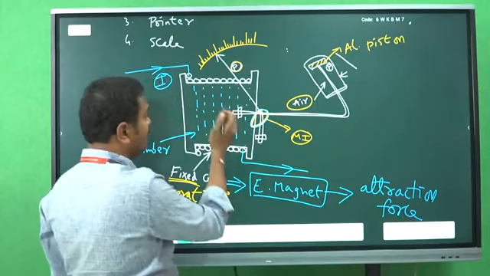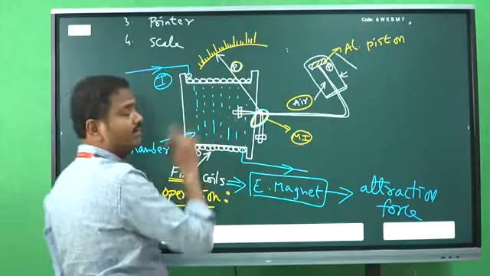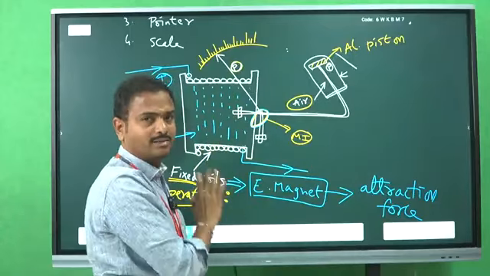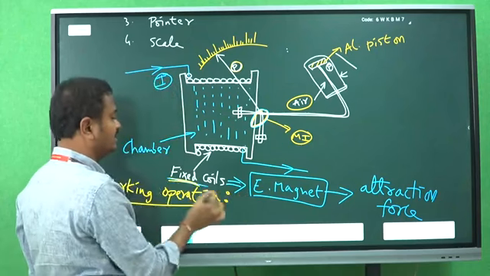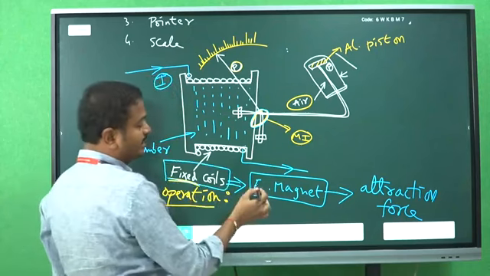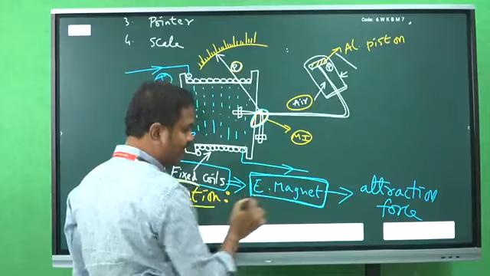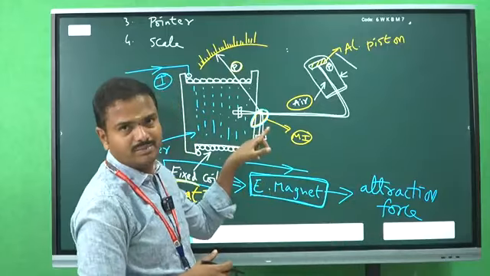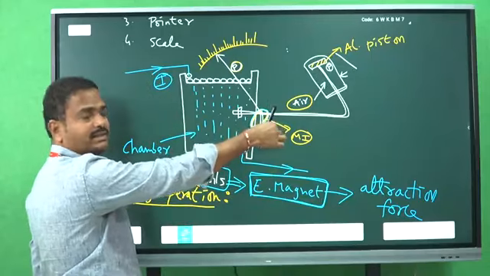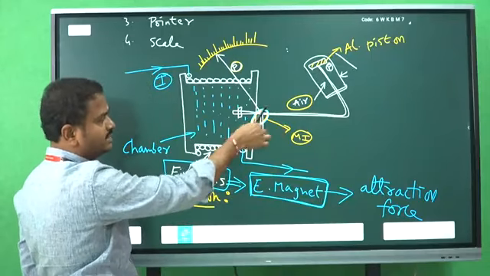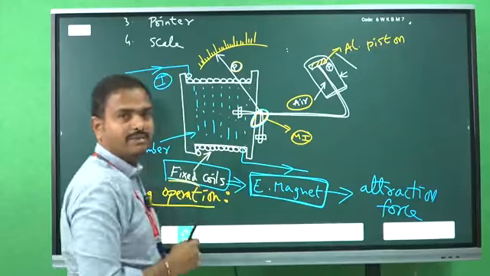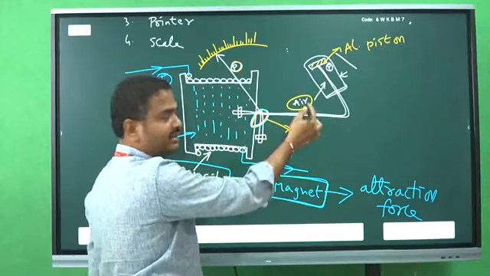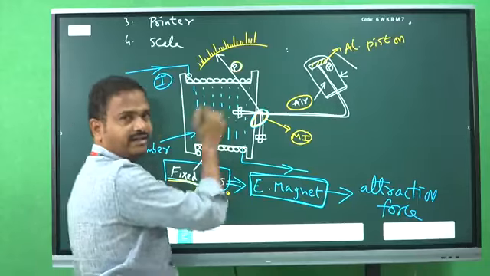So whenever current is flowing through the fixed coil, magnetic field lines are produced inside the chamber. Then these fixed coils become electromagnets. This electromagnet produces an attraction force exerted on the moving iron piece. Then the moving iron piece moves towards the chamber, because outside the chamber we have weaker field lines, and inside the chamber we have stronger field lines.